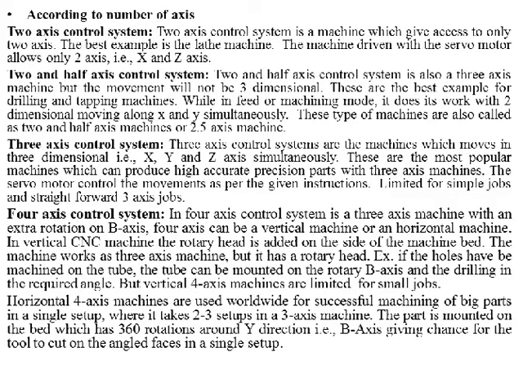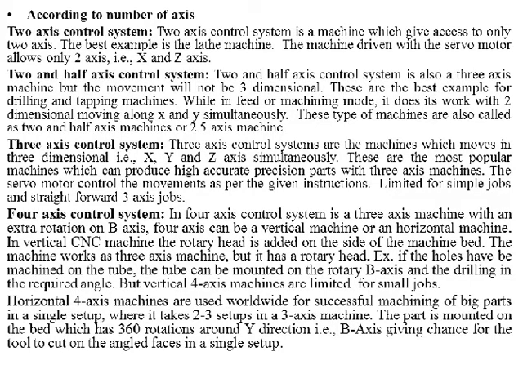So therefore, apart from the 3 normal movements, the rotary B-axis will help for the drilling of holes at any required angle. But these vertical 4-axis control systems are limited for small jobs only.